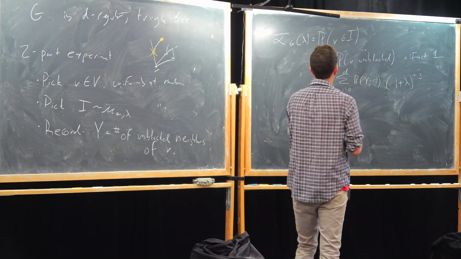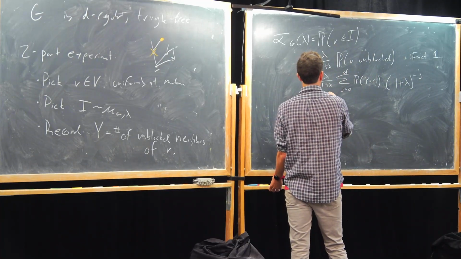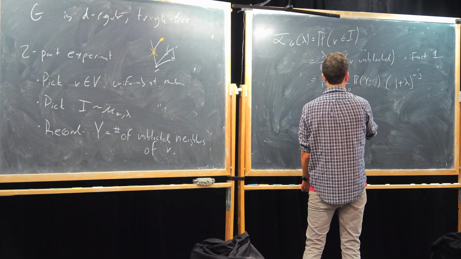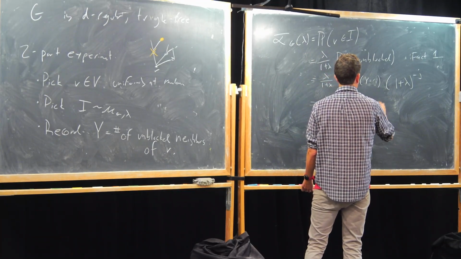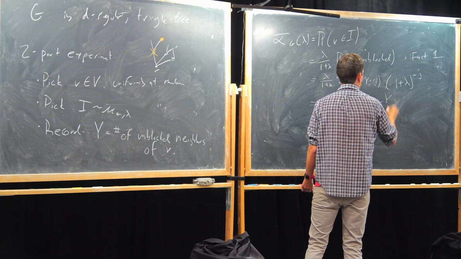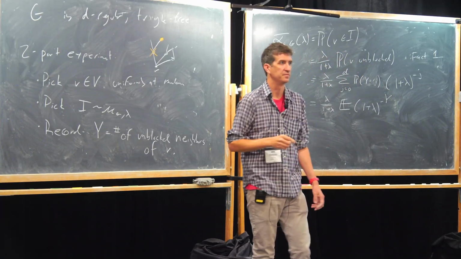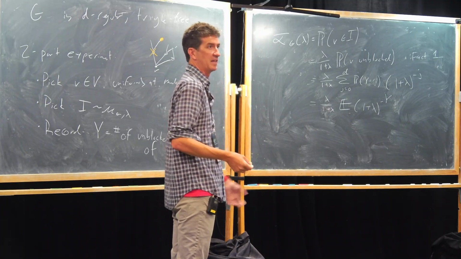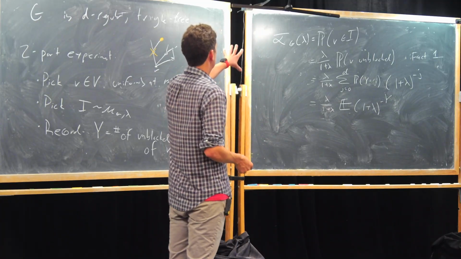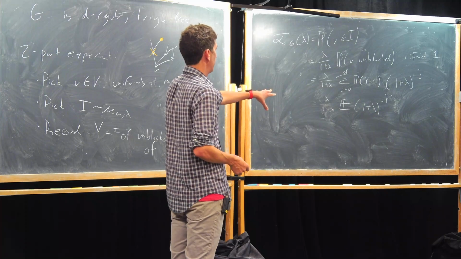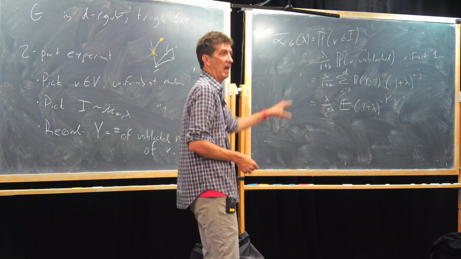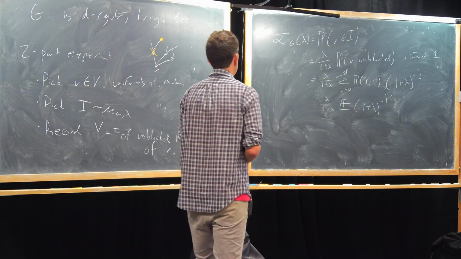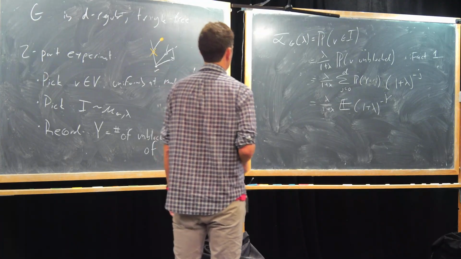And this is just a funny way of writing an expectation. So this is lambda over 1 plus lambda, expectation of (1 plus lambda) to the minus y, this random variable. Okay, so that's just some identity, that this occupancy fraction can be written as the expectation of an exponential in this random variable y. Good.